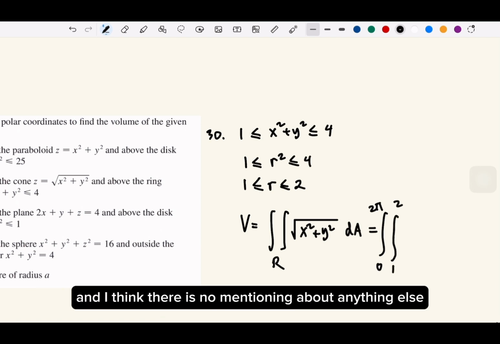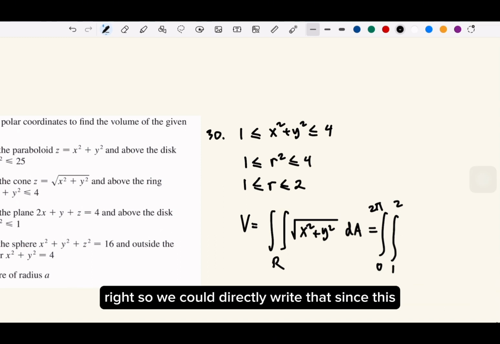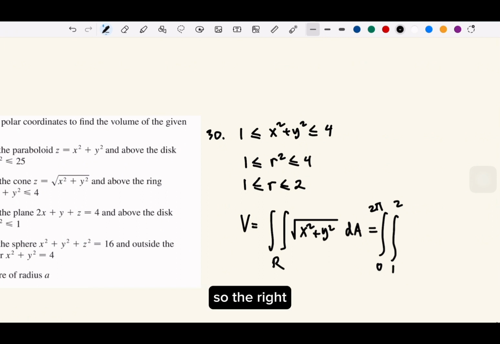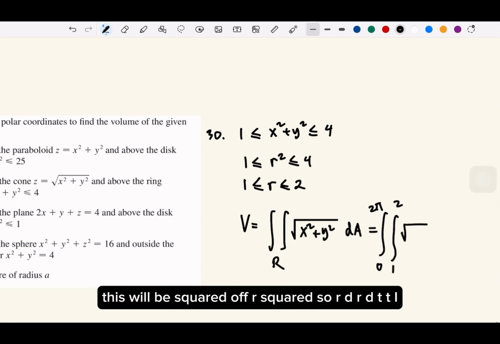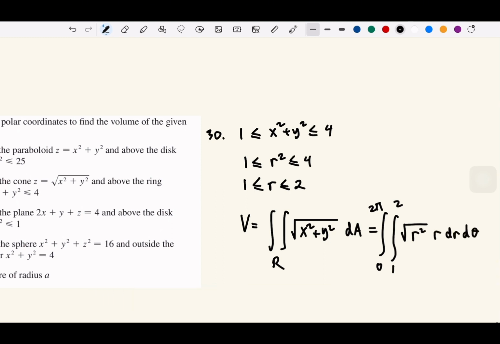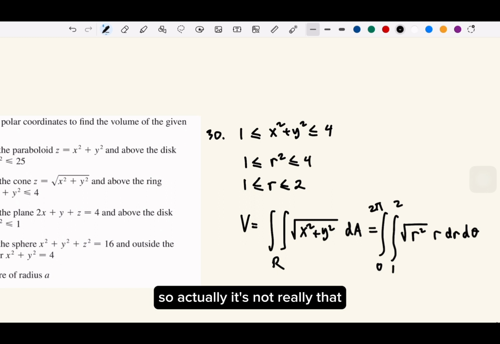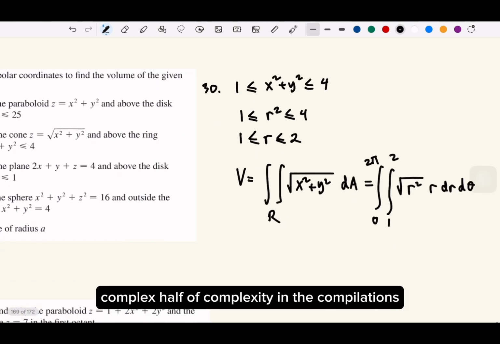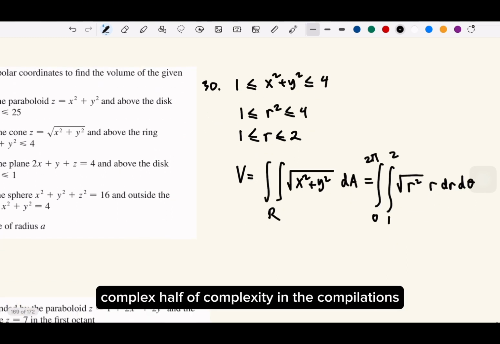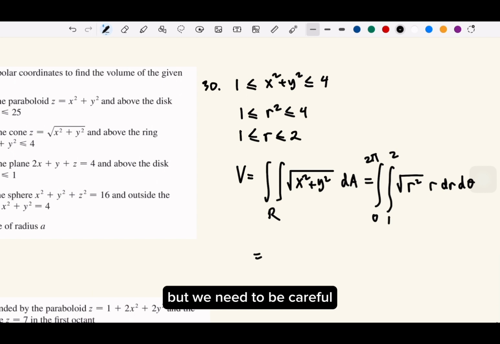And I think there is no mention of anything else, right? So we could directly write that since z is in terms of the square root of x squared plus y squared, this will be the square root of r squared, times r dr d theta. So it's not really that complex in the calculations, but we need to be careful.